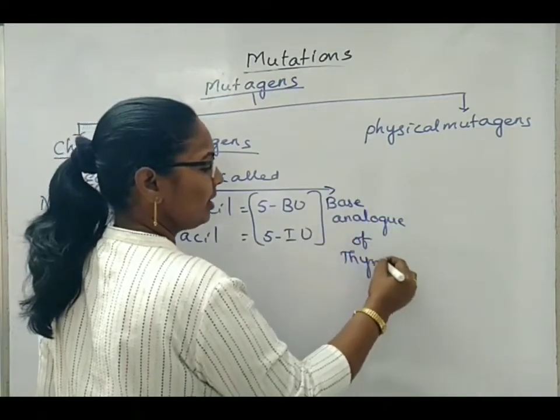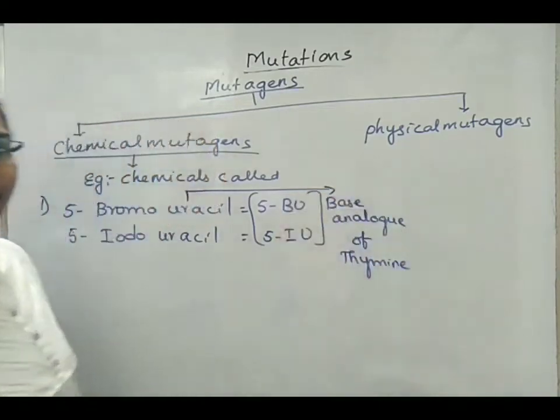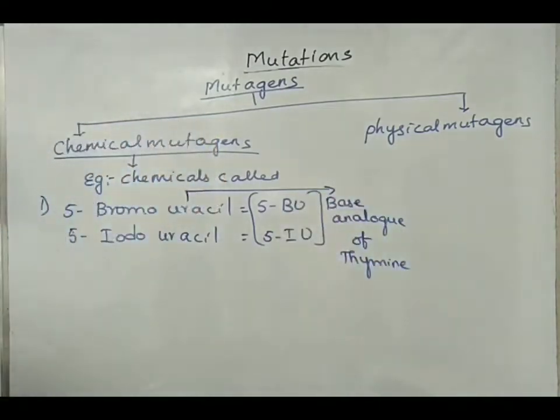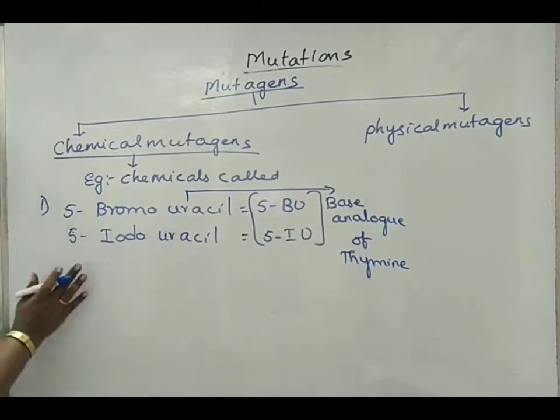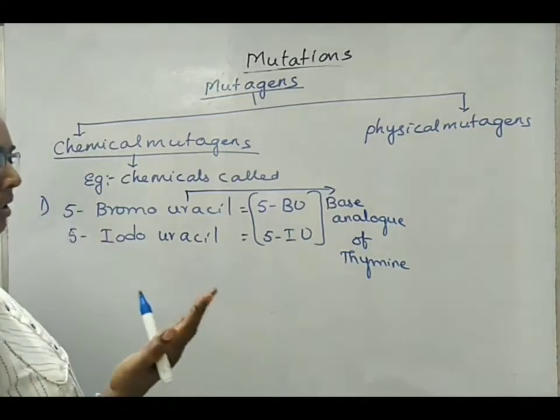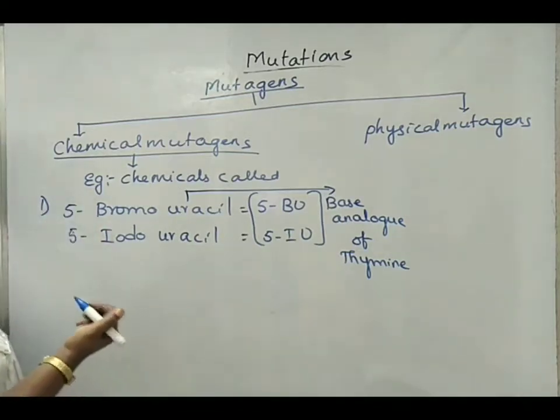What is thymine? Thymine is one of the 4 different types of nitrogen bases in DNA. Uracil is present in RNA, and it is one of the 4 different types of nitrogen bases in RNA.